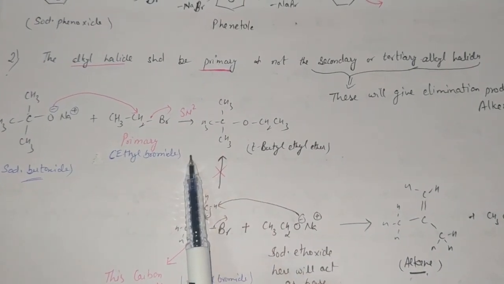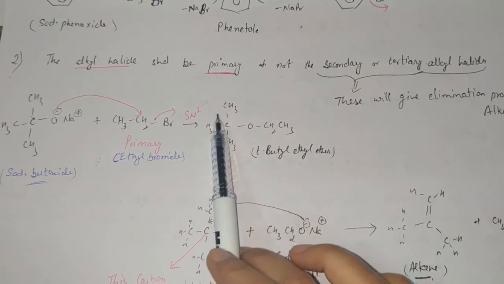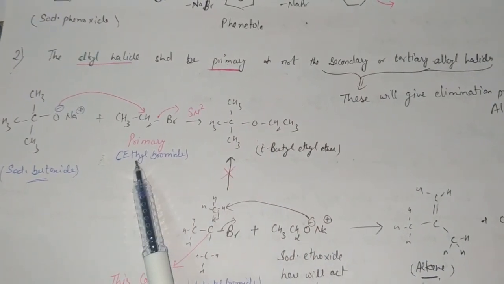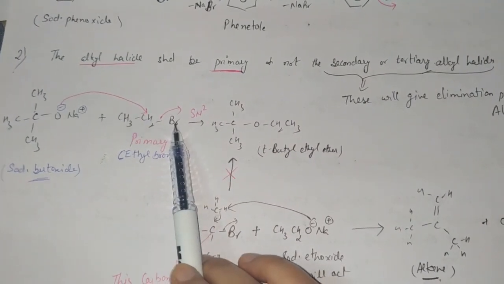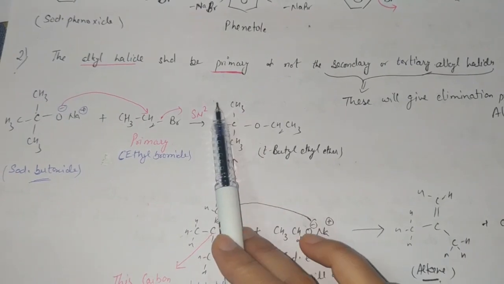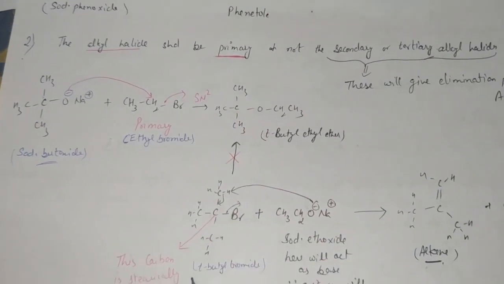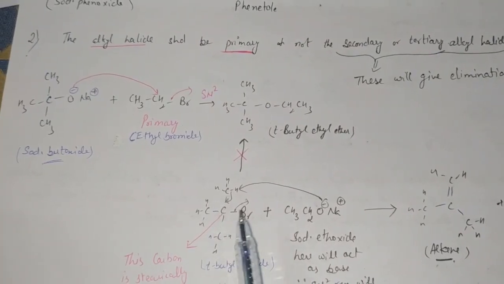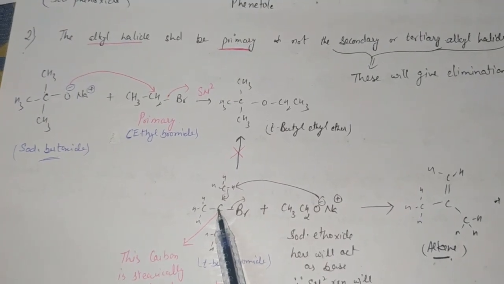Here we are taking the example of tertiary butyl ethyl ether. If we want to prepare this ether, then we can take the primary alkyl halide, that is ethyl halide, or we can take the tertiary alkyl halide like this one, tertiary butyl bromide. But in the case of tertiary butyl bromide, this carbon is sterically hindered.